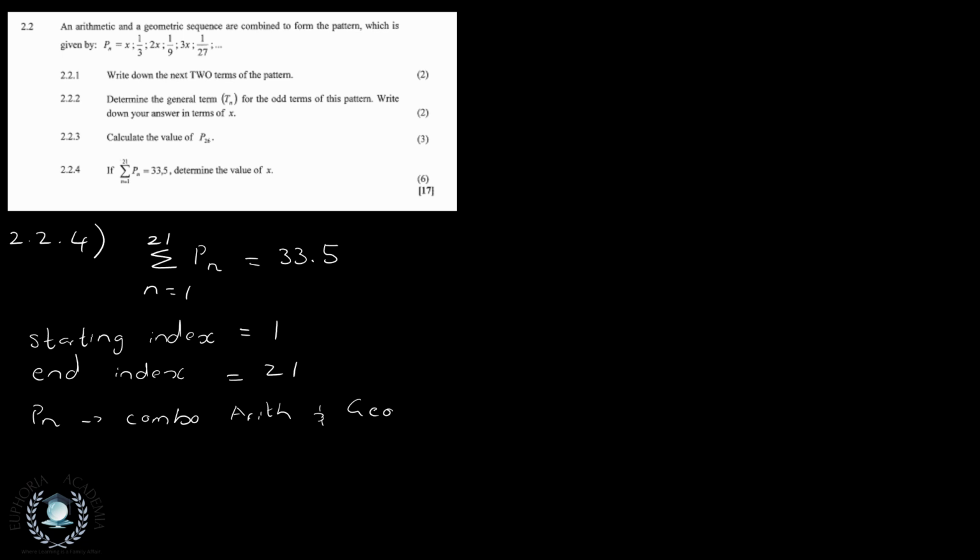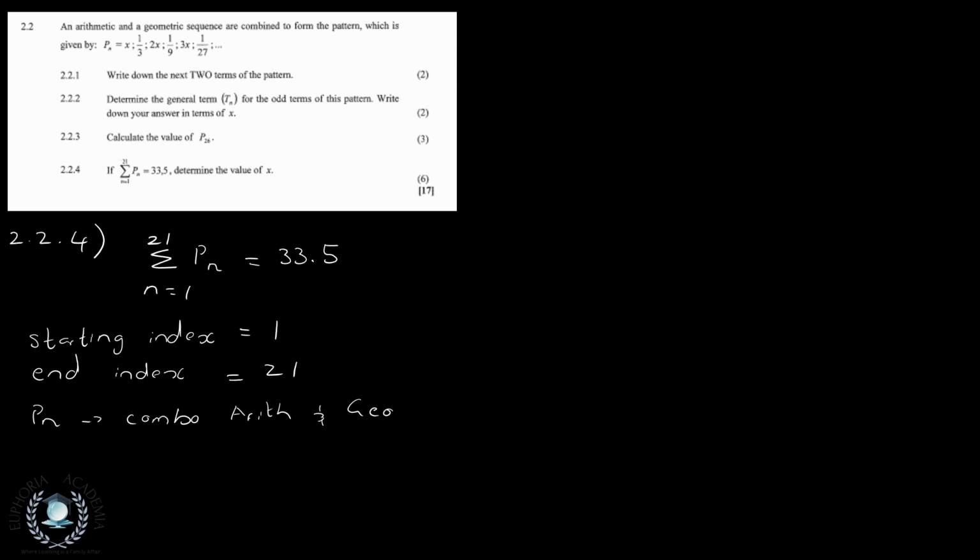So we know our starting index is equal to 1, and then our end index is equal to 21. We also know that our Pn is a combination of our arithmetic series as well as our geometric series.